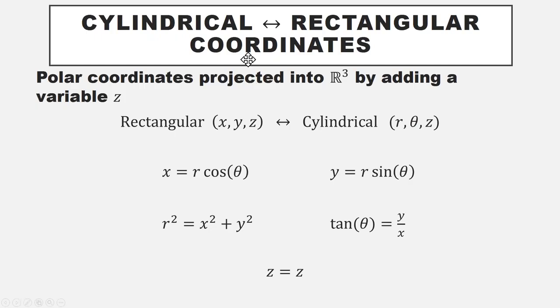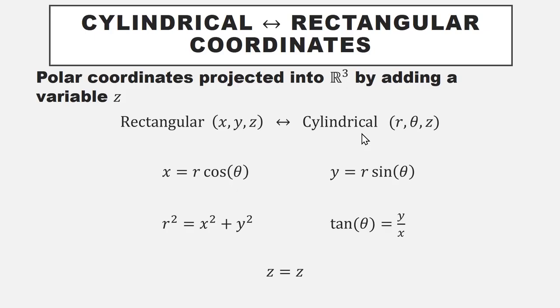Well, if we extend the idea of polar coordinates into R3 by just adding a third variable z, then that's what cylindrical coordinates are. So the rectangular coordinates in 3 dimensions are x, y, and z.